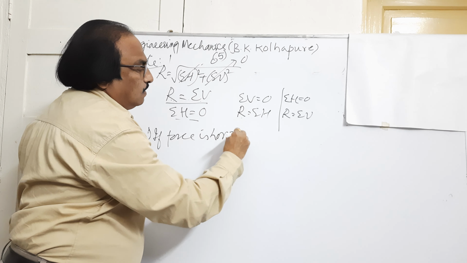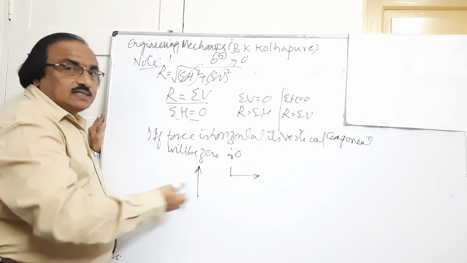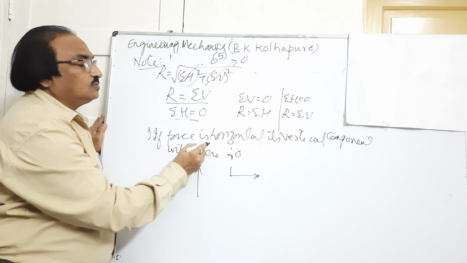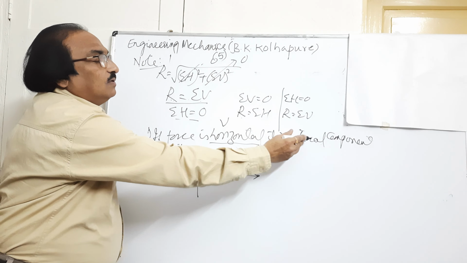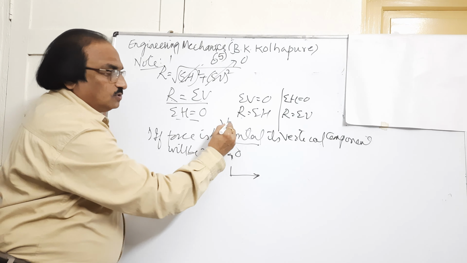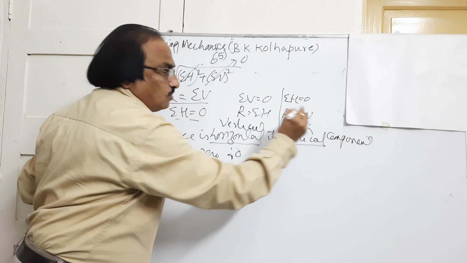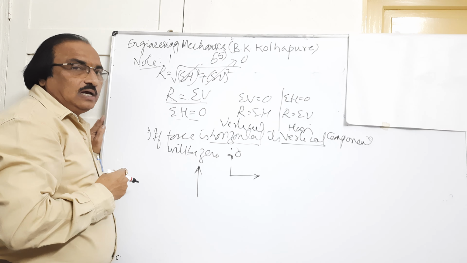If the force is vertical, then its horizontal component will be 0. So vice versa, if the force is horizontal, the vertical component is 0. If the force is vertical, then the horizontal component will be 0. This is the second note you have to know.